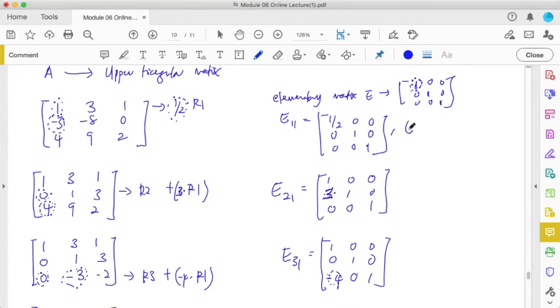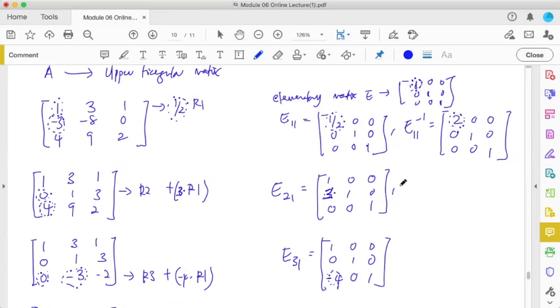If we find the inverse of E11, we simply change this from 1 over 2 to become 2, because we just moved it up. So it becomes 2, 0, 0, 0, 1, 0, 0, 0, 1. You can see only this particular entry changes form. The rest of the matrix does not change.